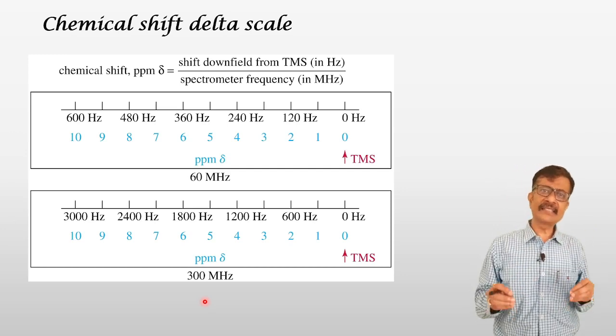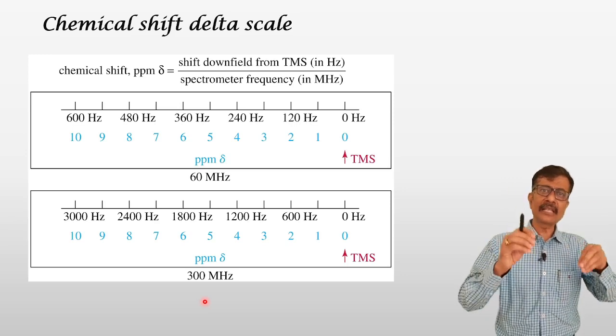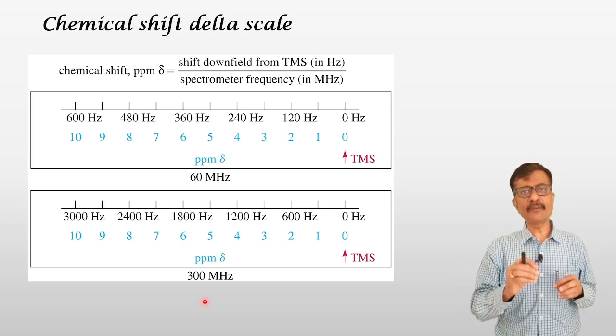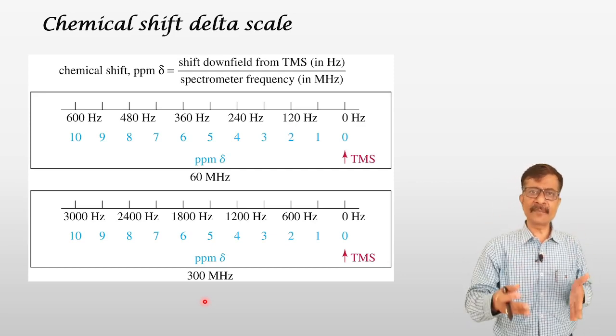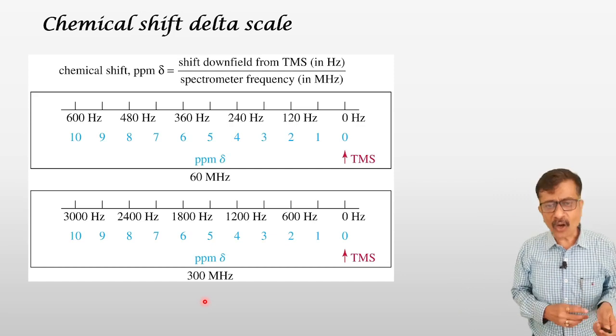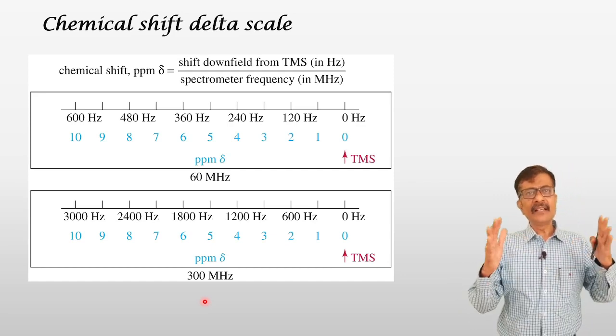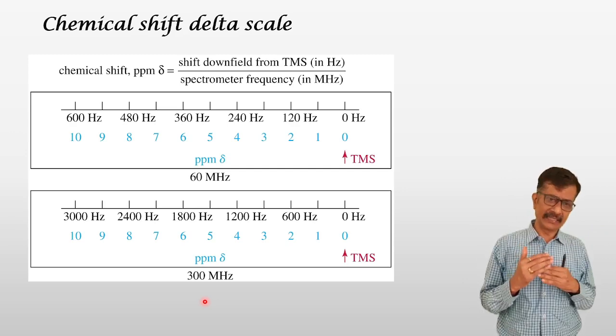It means the radio waves used in that particular instrument are of 60, 300, 400 or 600 megahertz. Accordingly, the instrument is so called, and in such instruments the magnetic field is altered.